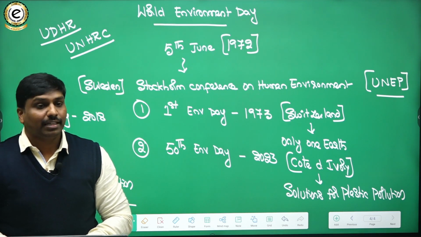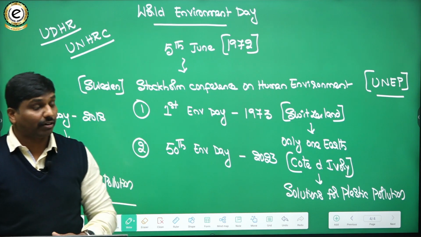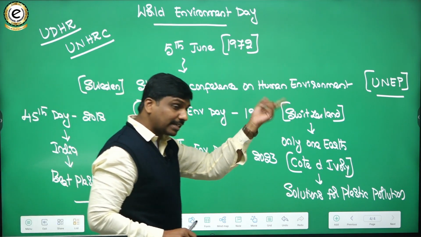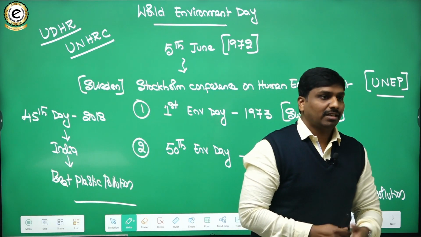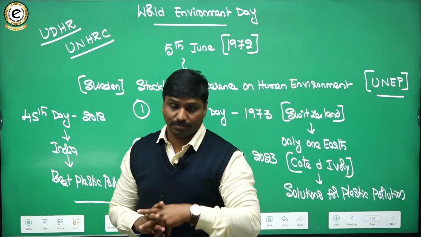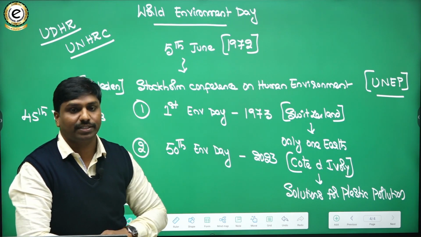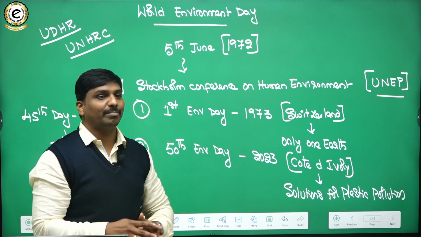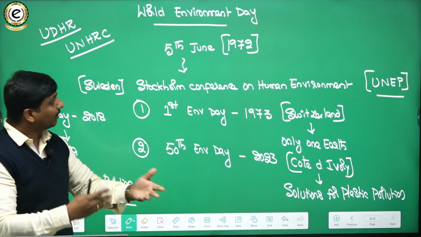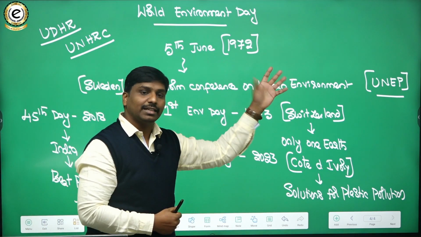Right to a clean, sustainable and healthy environment has been pronounced by UNHRC as a universal human right. So you remember this also. These are various developments that you have to remember from the current perspective, and that's how you have to interlink the things.